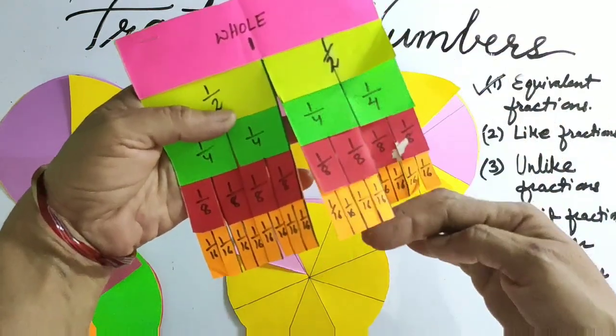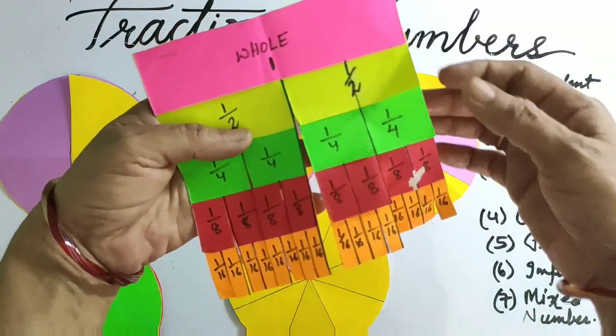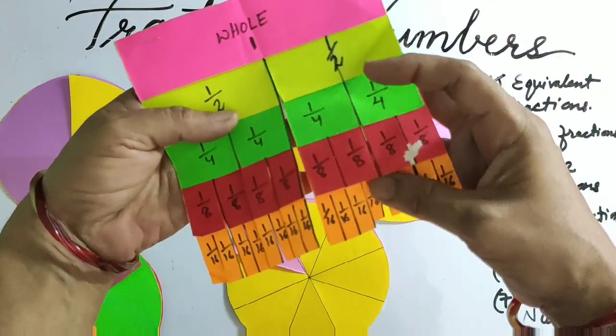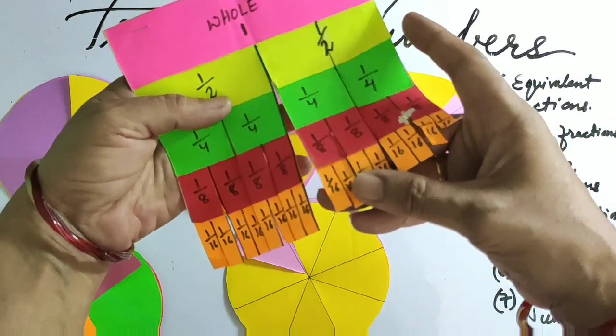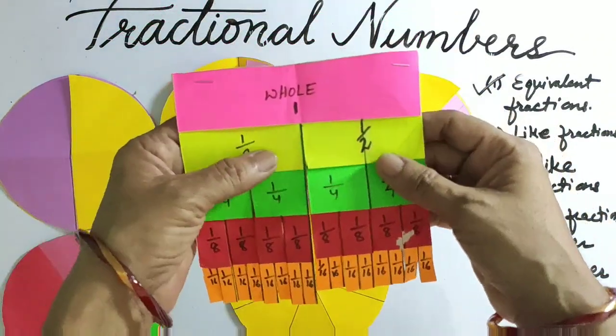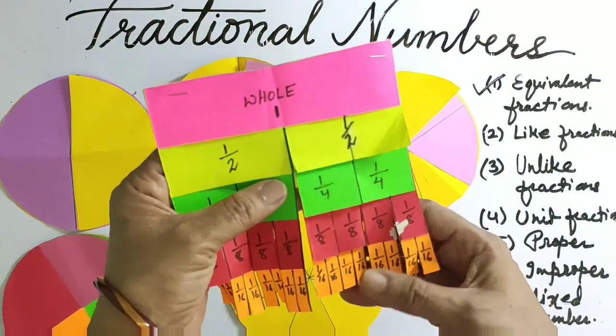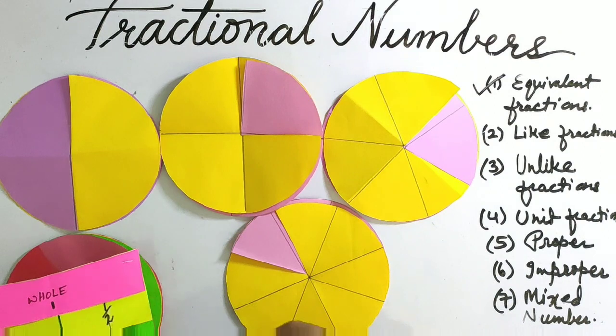So all are half, but the names are different. See, it is 1 by 2, it is 2 by 4, it is 4 by 8, and it is 8 by 16. So equivalent fraction means the fraction which shows the same thing with different name, is it?